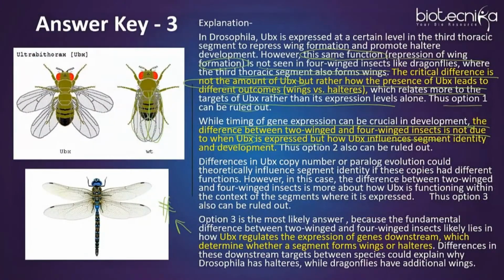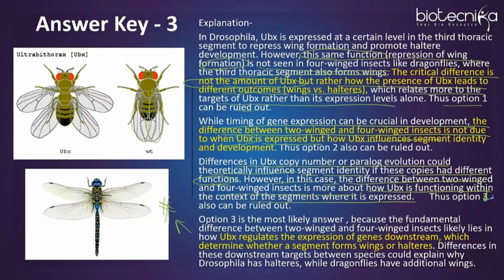Okay. Then we have difference in UBX copy number or paralog evolution, which could theoretically influence segment identity if these copies had different functions. However, in this case, the difference between two-winged and four-winged insects is more about how UBX is functioning within the context of the segments where it is expressed.